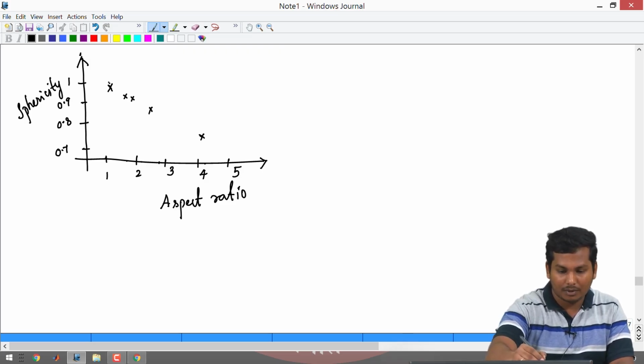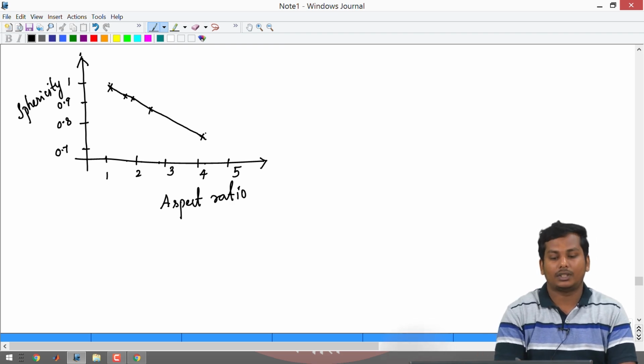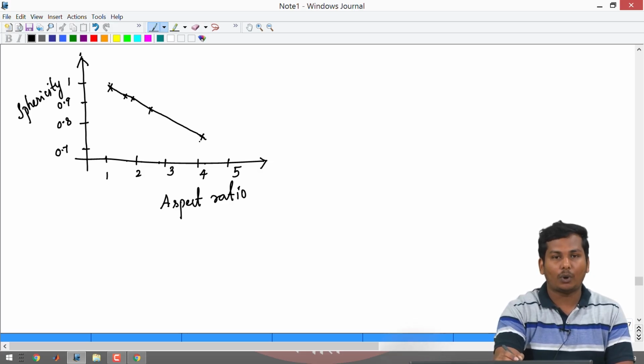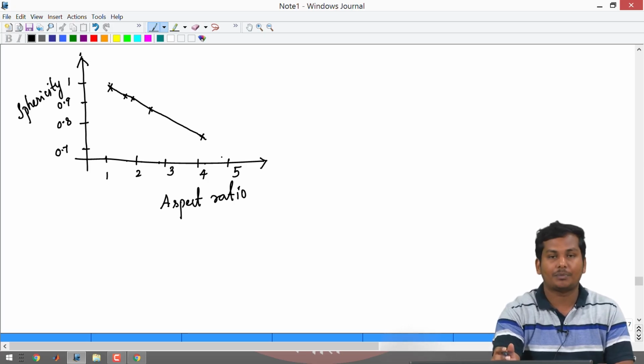So the line looks something like that. So this is the plot of it. It need not be a straight line, but if you plot the sphericity versus aspect ratio for different shapes of particles, this is how we obtain it. Thank you.